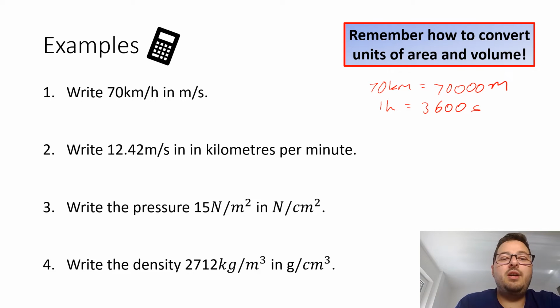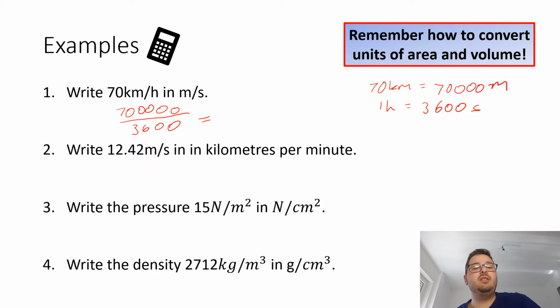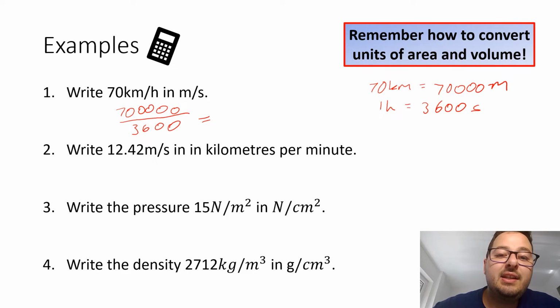So we want our answer to be 70,000 divided by 3,600, and that gives us 19.4 recurring meters per second.